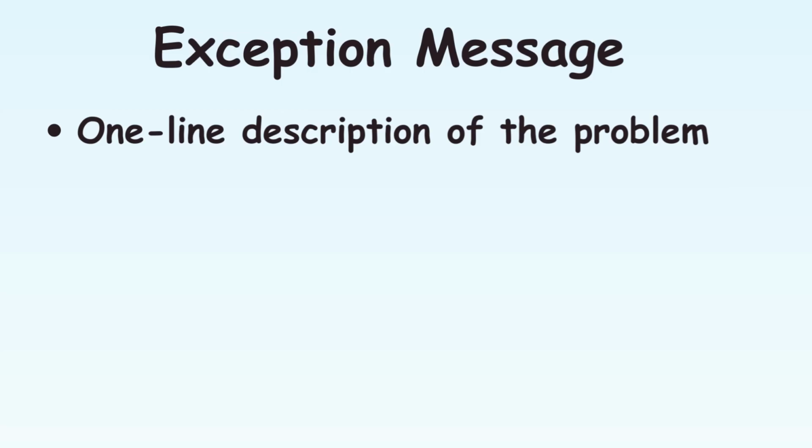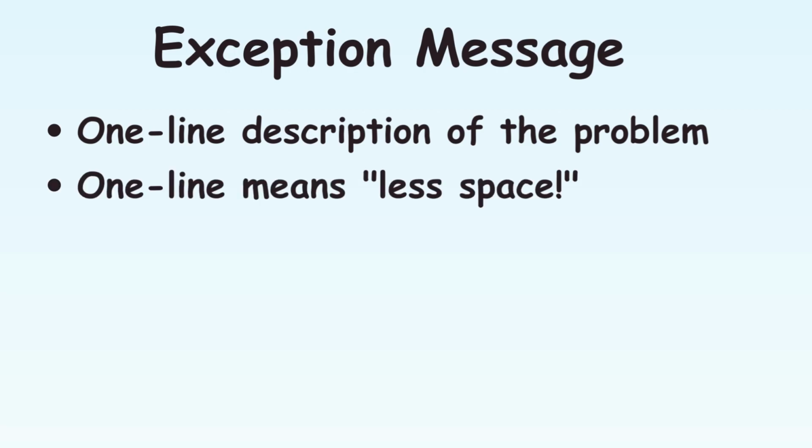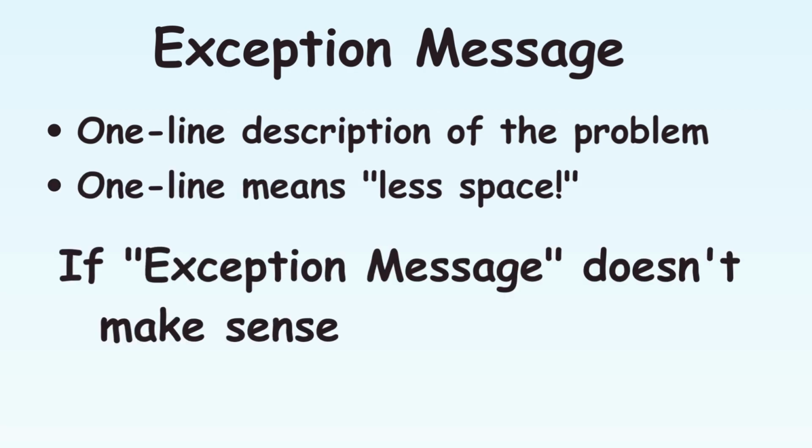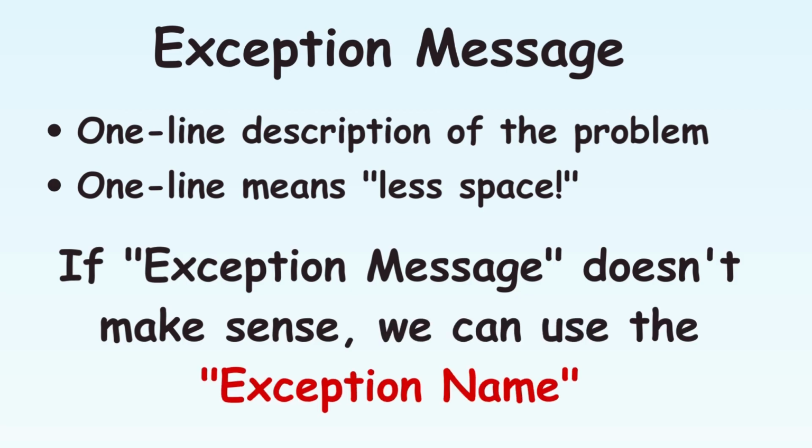The exception message is designed to be a single line of text to accurately describe what the problem is. But you can only fit so much in a single line of text. So if we don't understand what this exception message actually means, then how can we proceed?